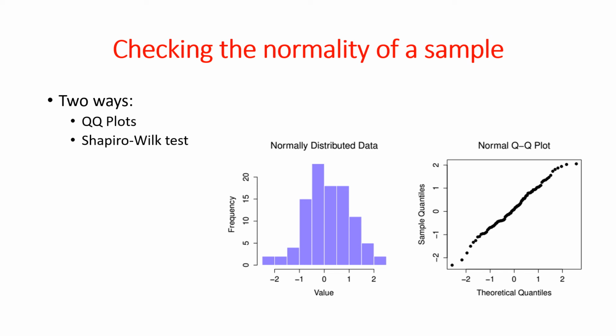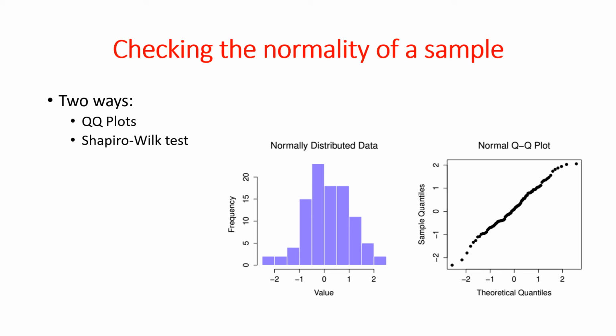A normal distribution has two properties: the mean, median, and mode stand on the same line, and the tails are symmetrical. So if the tails are symmetrical and the shape looks like a bell curve, then it's normal.